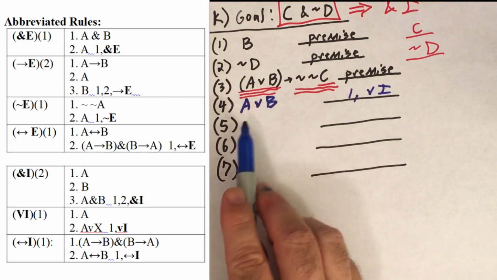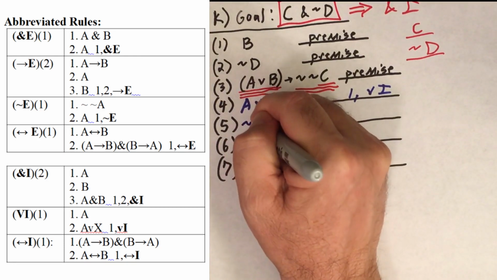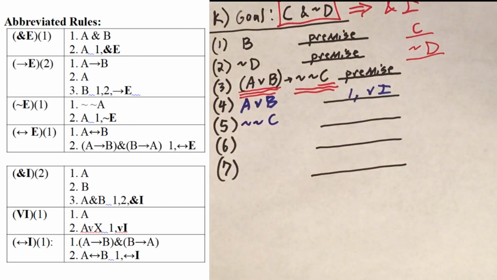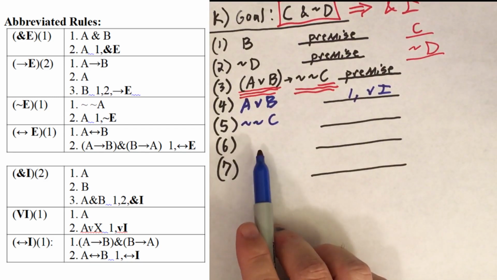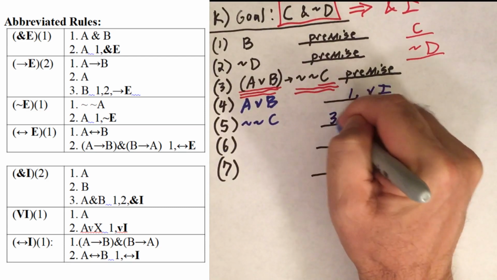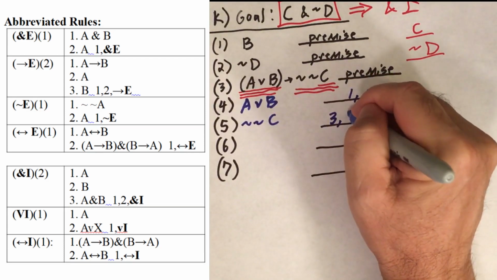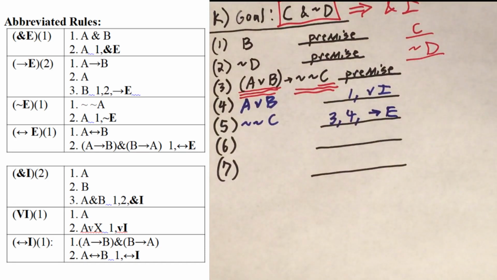If A or B is true, and it is, then the right side of this conditional is true. So not C is true. Do you see it? Not C is true. So how did I get that? From the conditional in 3 by proving the left side in 4 using my ever popular conditional elimination.